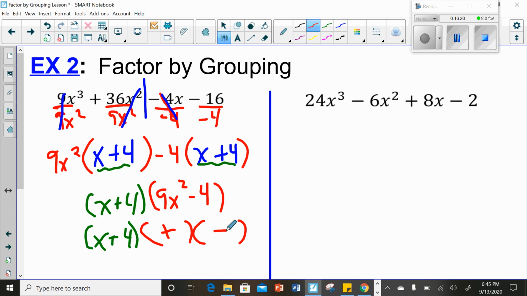And we will talk more about this in the next lesson, but you're going to come up against this with factor by grouping. So notice that this is a perfect square 9 and a perfect square x squared. Anytime this exponent is even, it's a perfect square. And then this is a perfect square. So the square root of 9 is 3, the square root of x squared is x, the square root of 4 is 4. So the difference of two squares factor pattern looks like this.